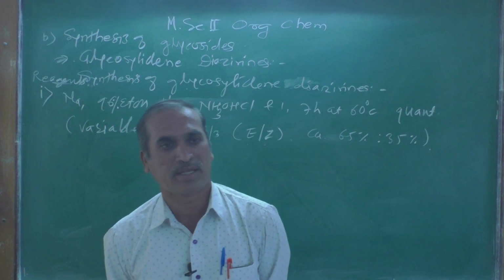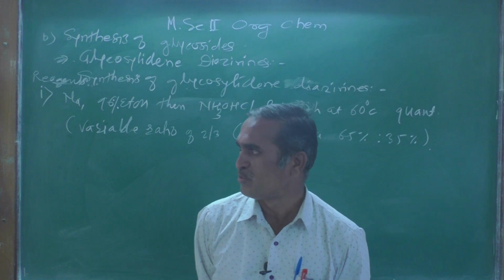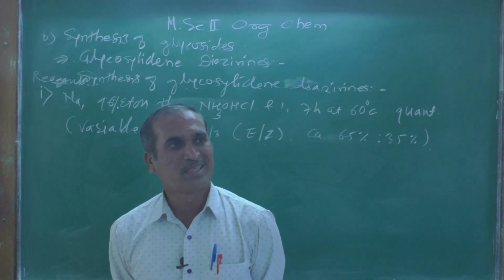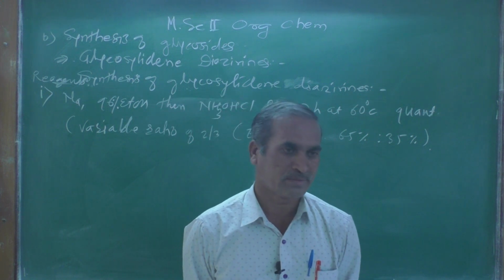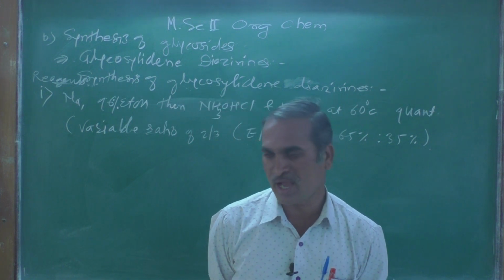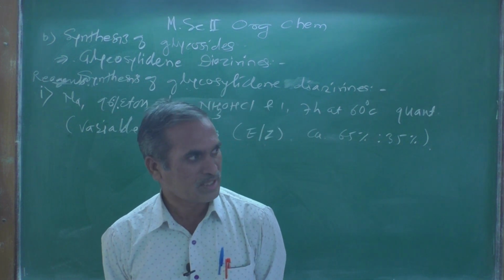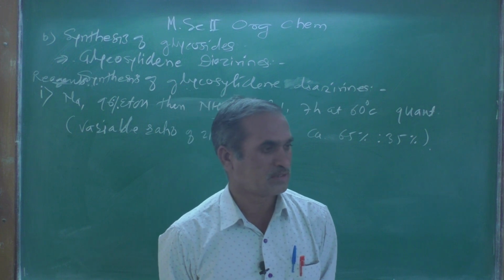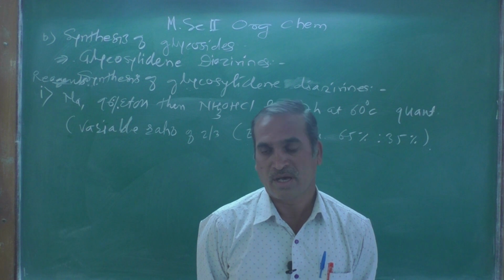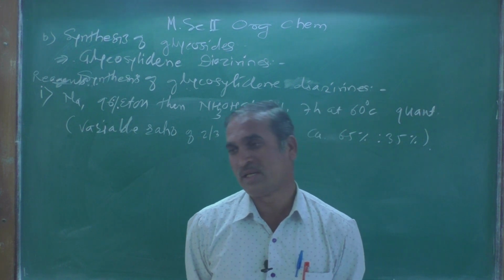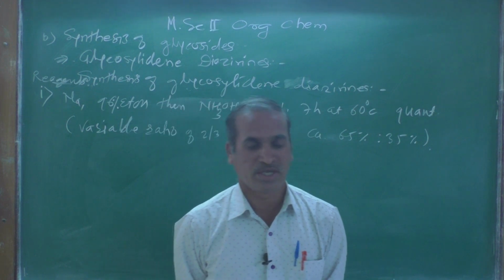The reason behind it: if you observe the structure of the cis isomer, the bulkier groups are nearer to each other. They create a lot of steric interaction, and once steric interaction is present, there is an increase in the internal energy, and once the internal energy increases, the stability of that molecule goes on decreasing.